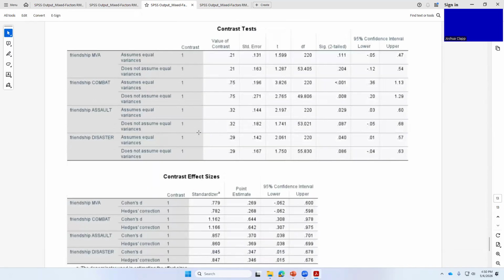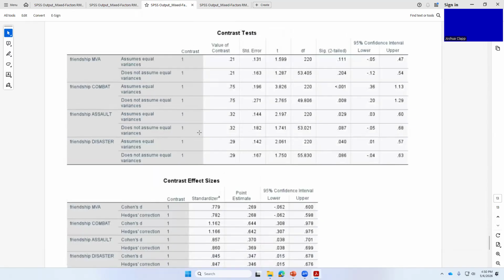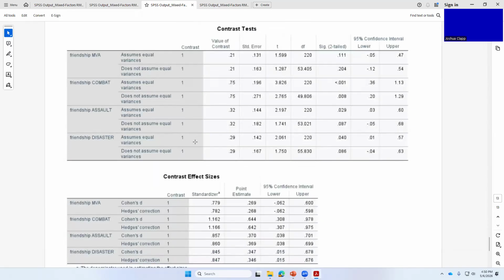And if I scroll down to look at my specific contrasts here for combat, I am seeing that equal variance is assumed, right?